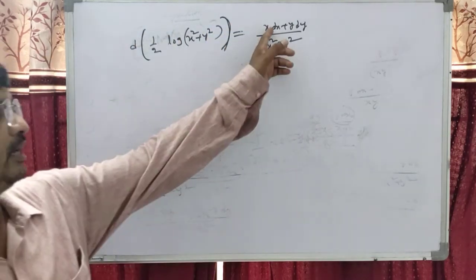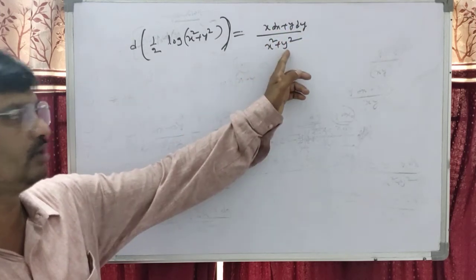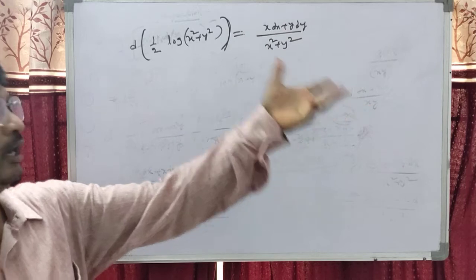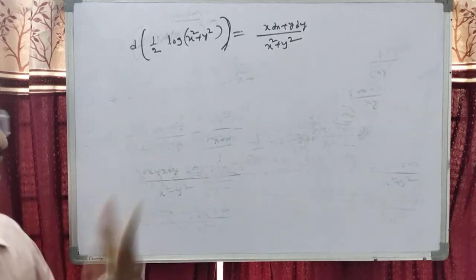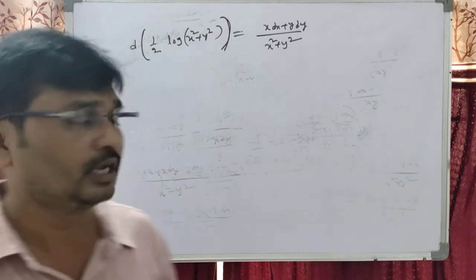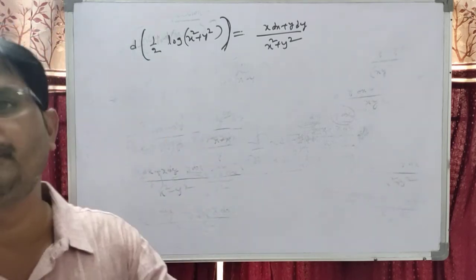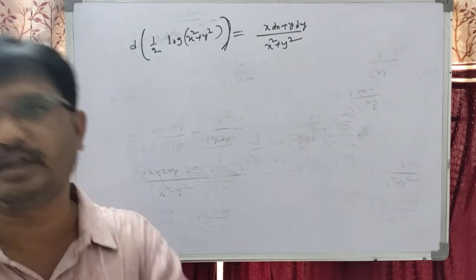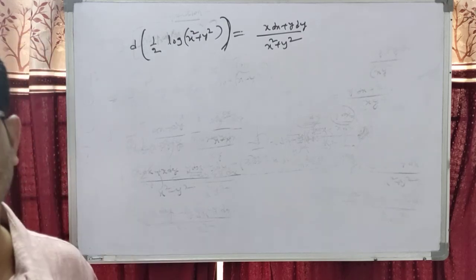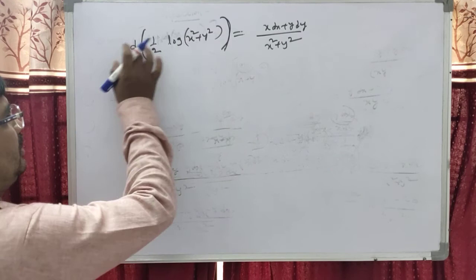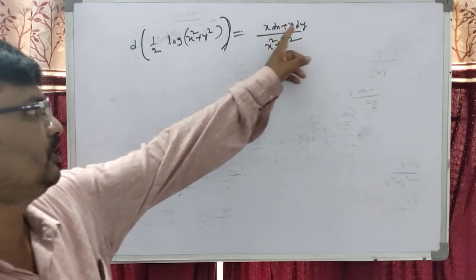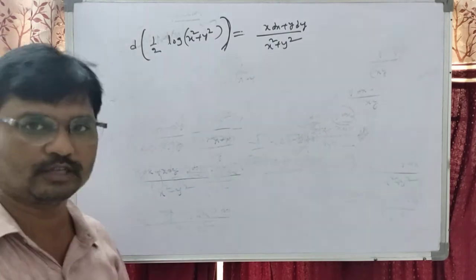When you observe x dy plus y dx upon x square plus y square, there is no way to find a variable separable, linear or homogeneous form. So this is the method of inspection only. We solve the differential equation by applying the method of inspection. So this is the derivative of 1 by 2 log of x square plus y square, which is x dx plus y dy by x square plus y square.